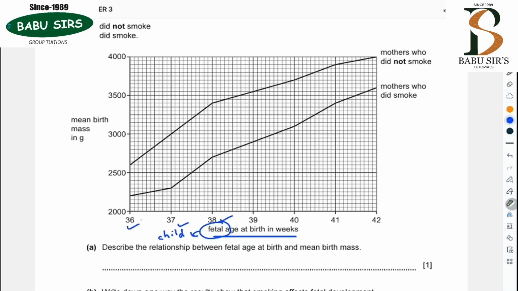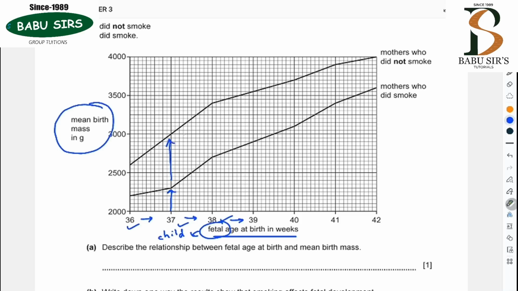What will happen when the weeks go on increasing? The child will get more and more bigger. And when the child gets bigger, the mass will increase. So here they are showing you the mass. You can see at 37 there is a particular mass, and in one more graph there is a particular mass.